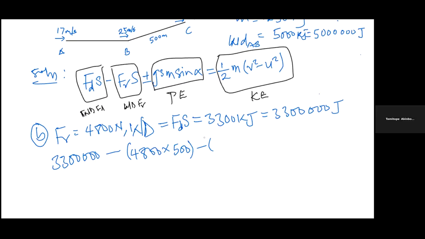So the mass is 12,500 times 10 times h equals change in kinetic energy. What's the speed at C? That's the final speed. The speed at C is 17 minus the speed at B, 25. This is what we are going to use.